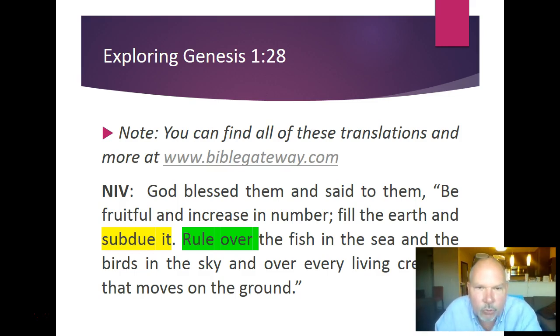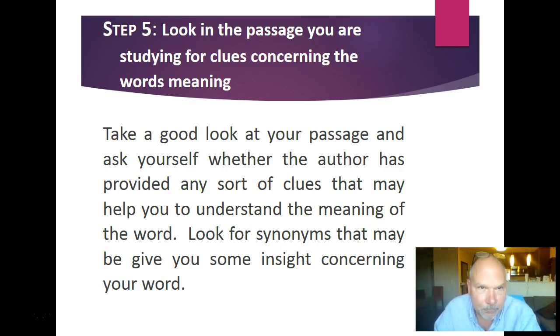I mean that you should rule over the fish in the sea and the birds in the sky and over every living creature that moves along the ground. So the second verse actually helps to explain our word. And so we need to understand what God means by rule over in order to truly understand what God means by subdue. So we have a secondary study that helps to determine our passage.